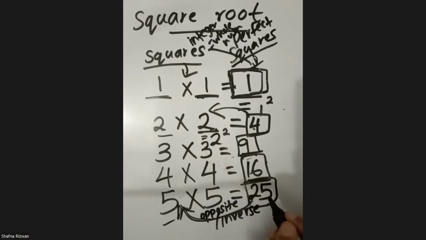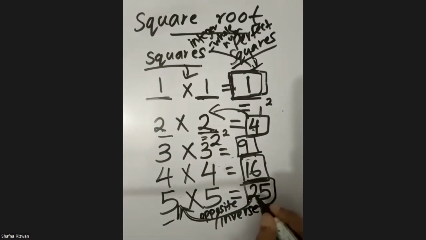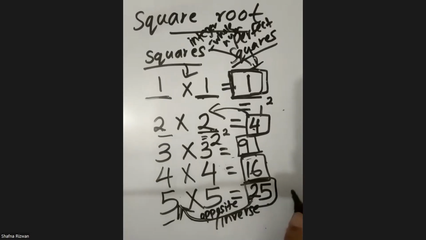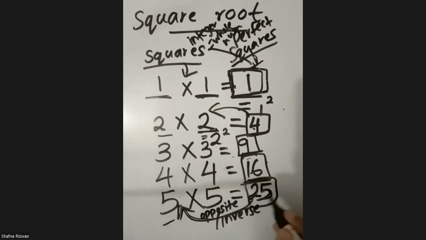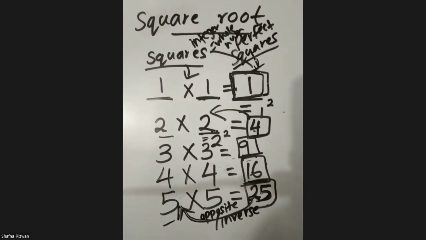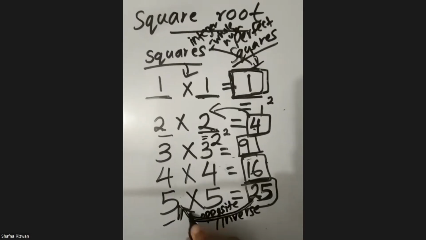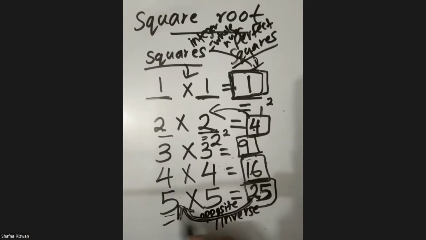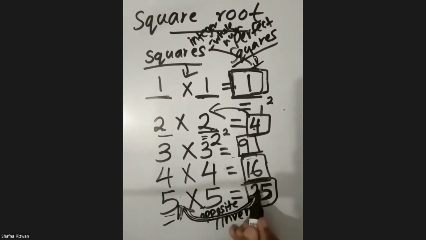How can you find it? Let's take something like this. They have given you 25 here, right? So when you take this 25, this is the square number. What are those two numbers which you multiplied so that you got 25?